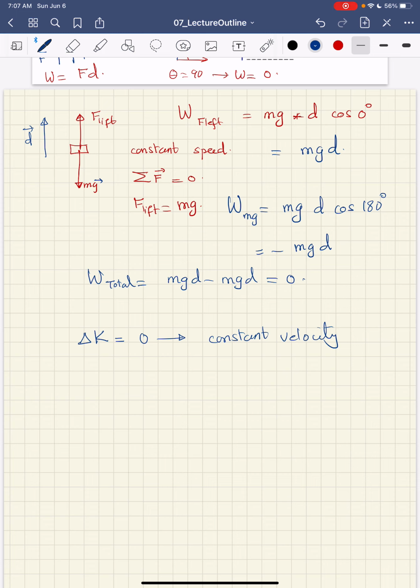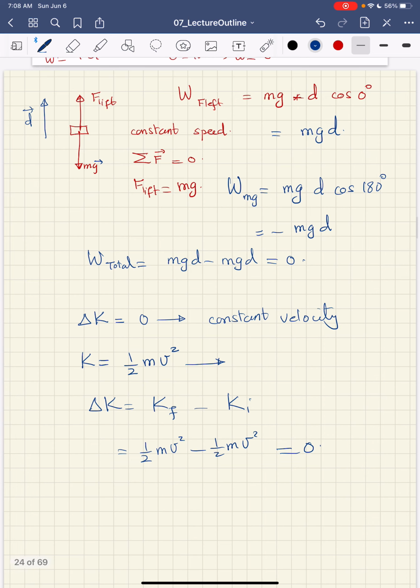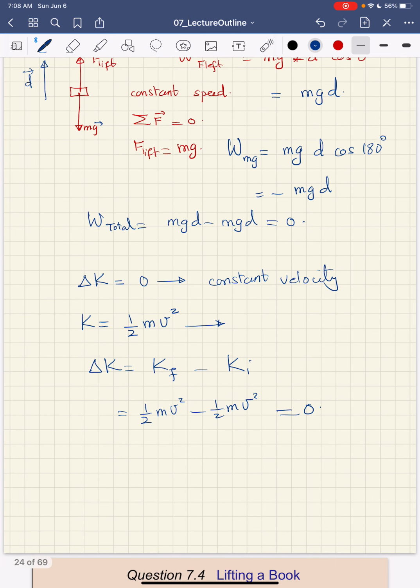Maybe here it's a good point to define the kinetic energy as 1/2 mv squared, and the change is always final minus initial, and since it is the same velocity, the change is 0. And we will see later that we will relate kinetic energy to work done.